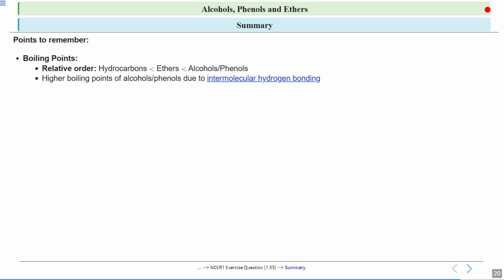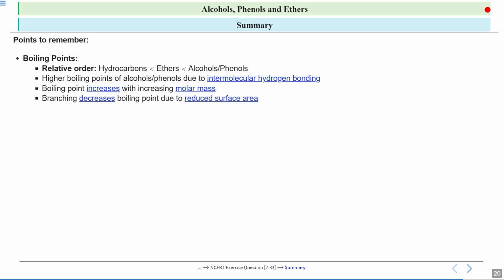We also discussed that boiling point increases with increasing molar mass, because when molar mass increases, van der Waals force also increases. So you have to give more heat, and the boiling point will also increase.